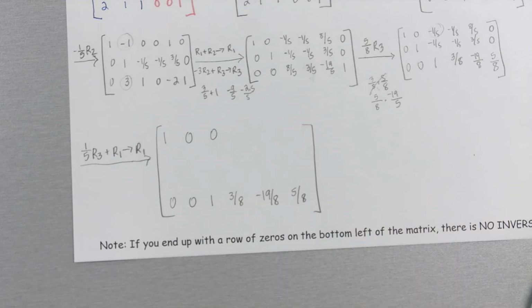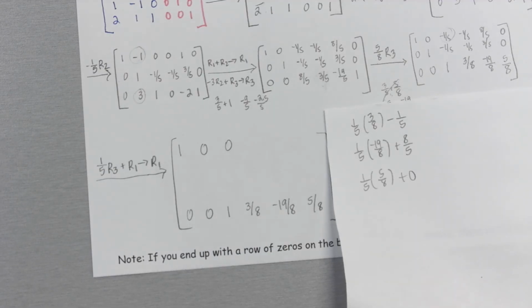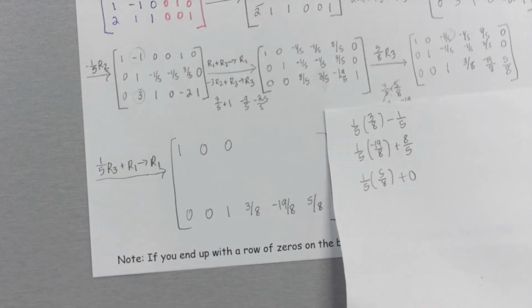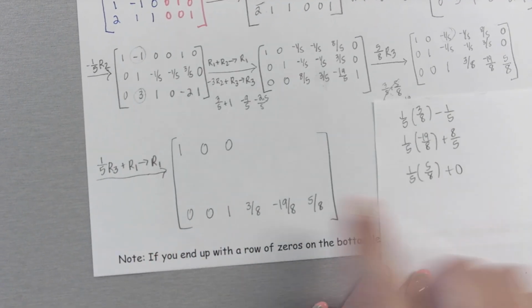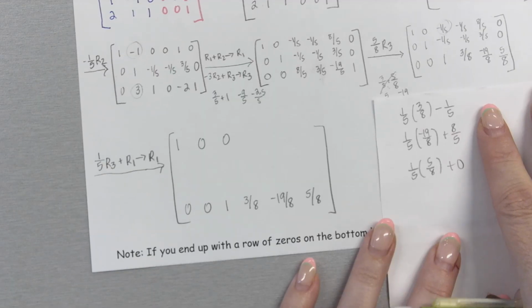Okay, so I'm going to give you some time right now to do that. Okay, so this is something that helps me when working with the fractions. This is obviously one of the harder examples because you have the fractions in here. So if you're doing 1/5 times row 3, the first 3, like I said, those are pretty easy to do your mental math with.